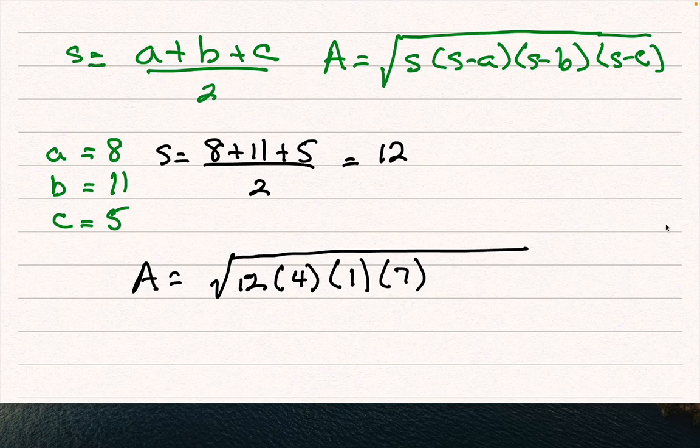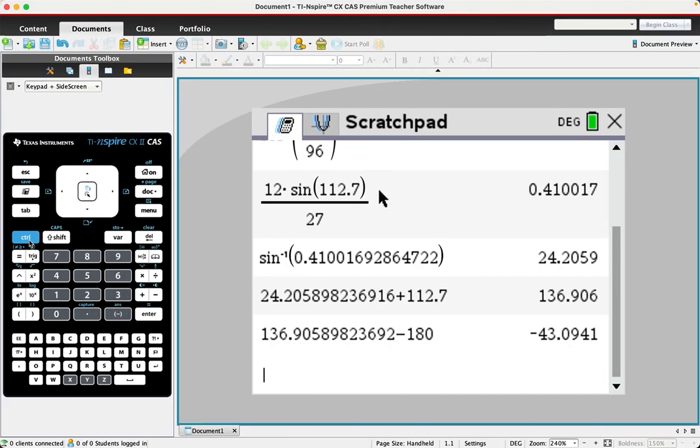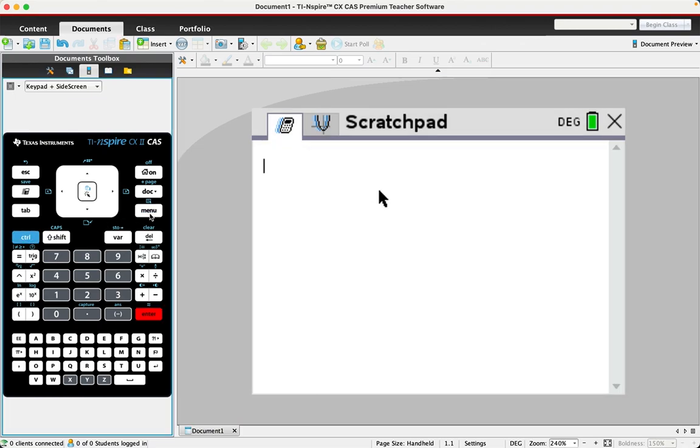But as I get here, maybe I want a calculator. So let's throw it on the calculator. Control menu and clear that out so I don't have to look at that junk. This is the square root of 12 times 4 times 1, which I'm not going to put in there, times 7. Okay, I get 4 radical 21, but I want a decimal approximation.